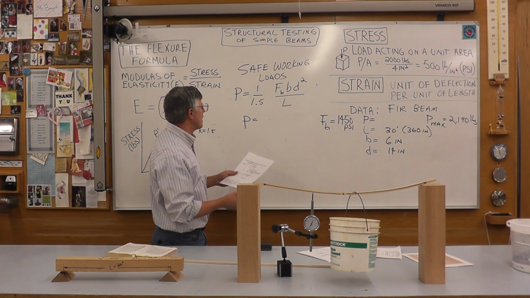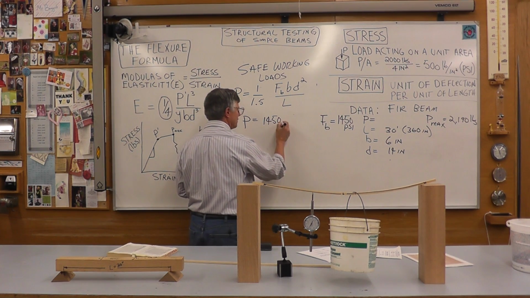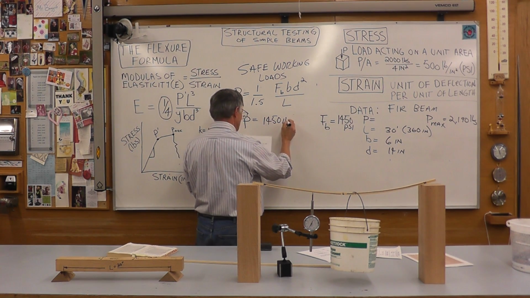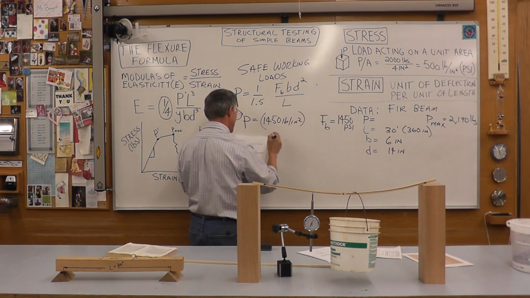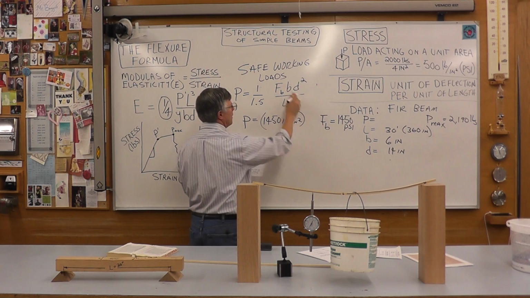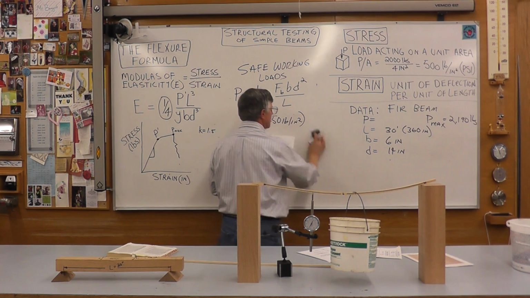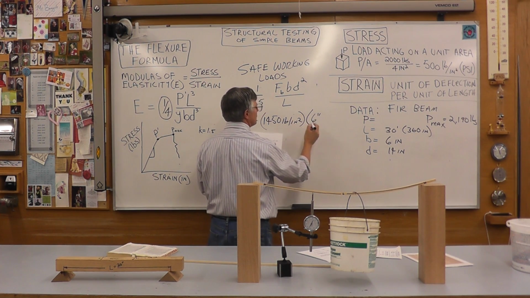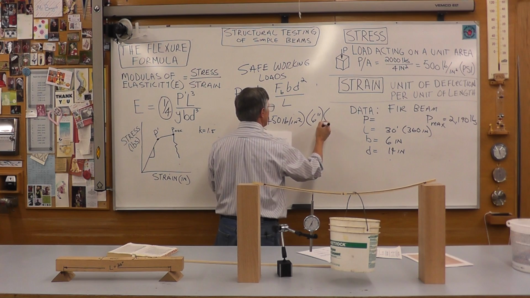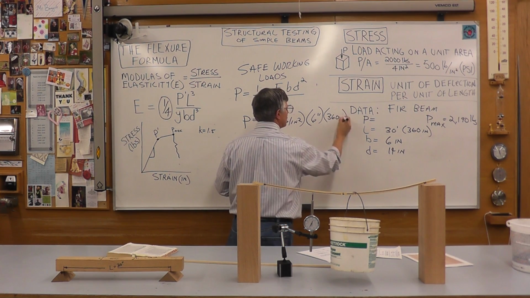So if you plug in the data, I know what the FB is. It's 1,450 pounds per inch squared. The B value of this beam was 6 inches. The D value, no wait, I got that wrong. The D value is 14 inches, squared, and the length was 360 inches.